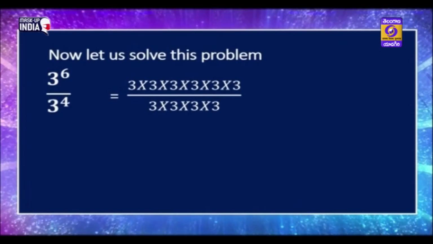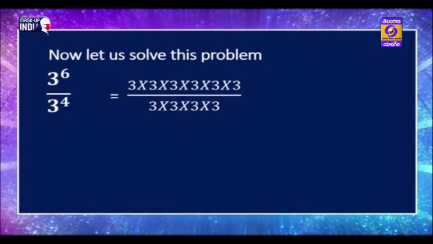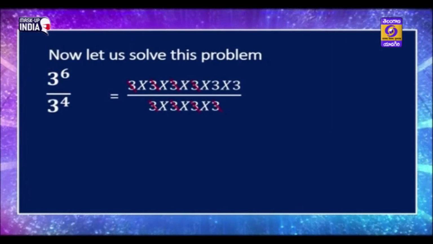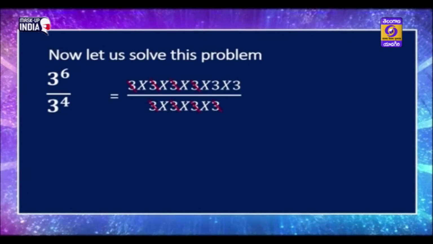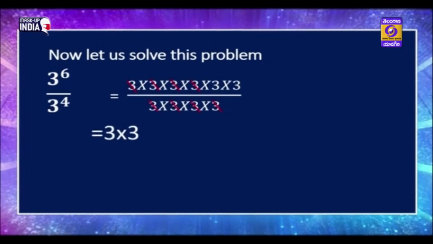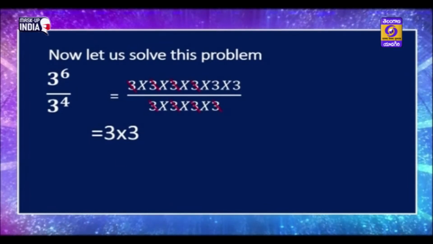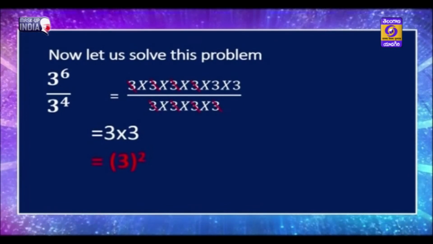So when there is the same number in the numerator and the denominator, the same numbers will cancel like this. So 4 3's will cancel with 4 3's, and how many 3's are left out in the numerator? So 3's are multiplied 2 times. So you can write 3 to the power of 2.